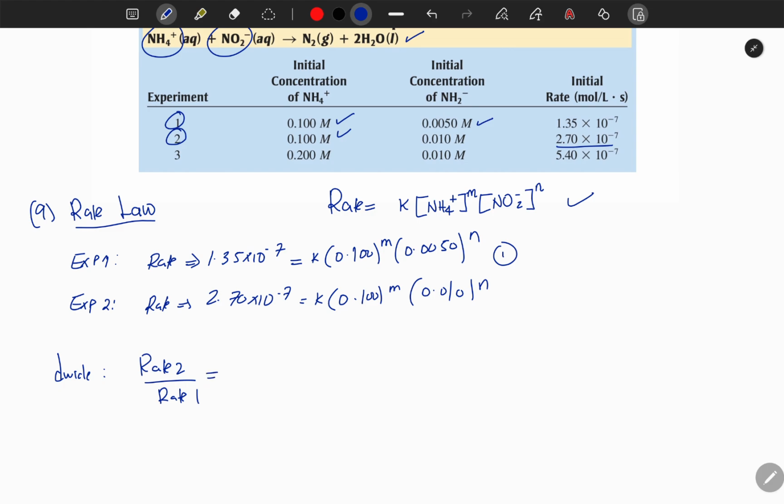So what do we get? Rate 2 over rate 1. Why am I dividing this way? Because I'm dividing the smaller one into the bigger one, since the smaller one goes into the bigger one by a larger number. So be strategic as we do this.